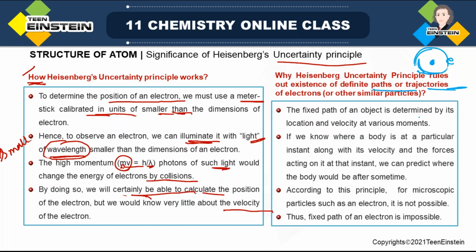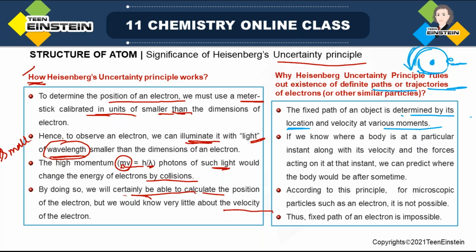The fixed path of an object, how can you determine it? It can be determined when its location and velocity at various moments are known. The electron is not fixed at any particular position. It is always moving.